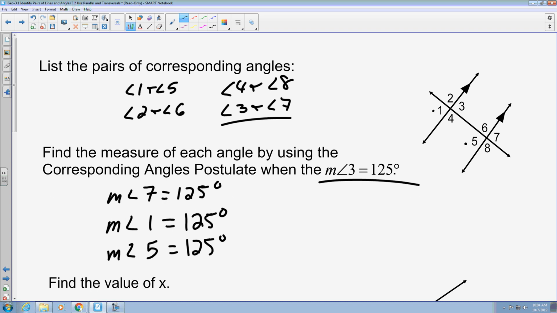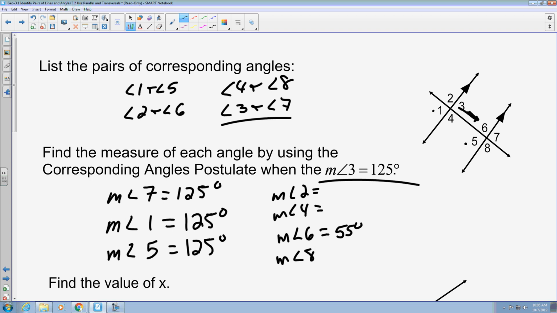To find the rest of them, there are four: the measurement of angle 2, angle 4, angle 6, and angle 8. Let's say we used 3 and 6, we know that they're supplementary. Supplementary means you take 180 and subtract 125, which gets us 55 degrees.